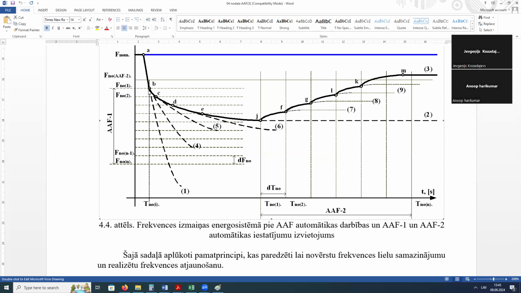For example, for Latvia, we have a very reliable power system, one of the most reliable power systems in the world. Historically, it was developed using a lot of different experience, and it is very reliable. That's why we don't have experience with under frequency automation. We don't have statistic data.